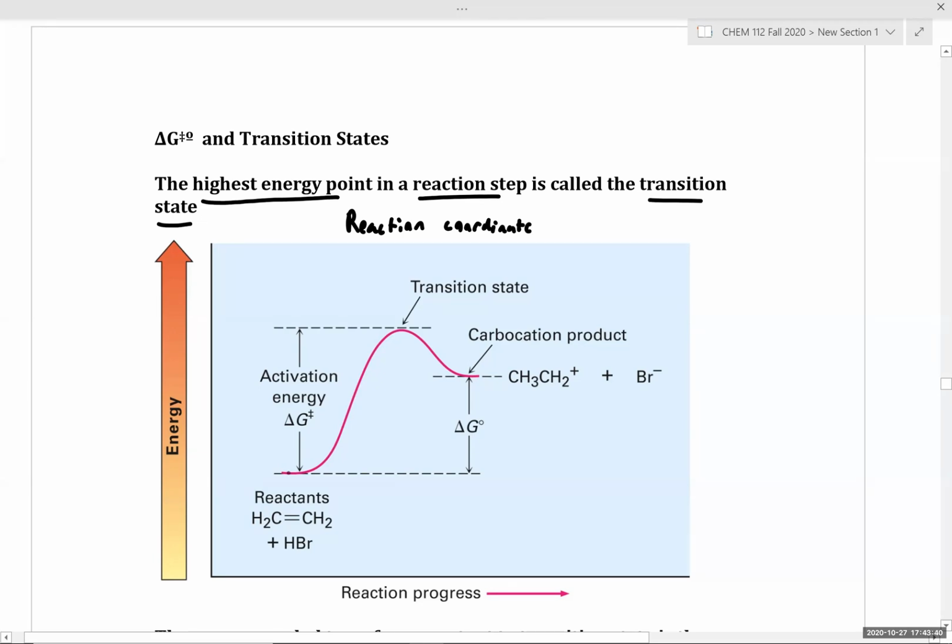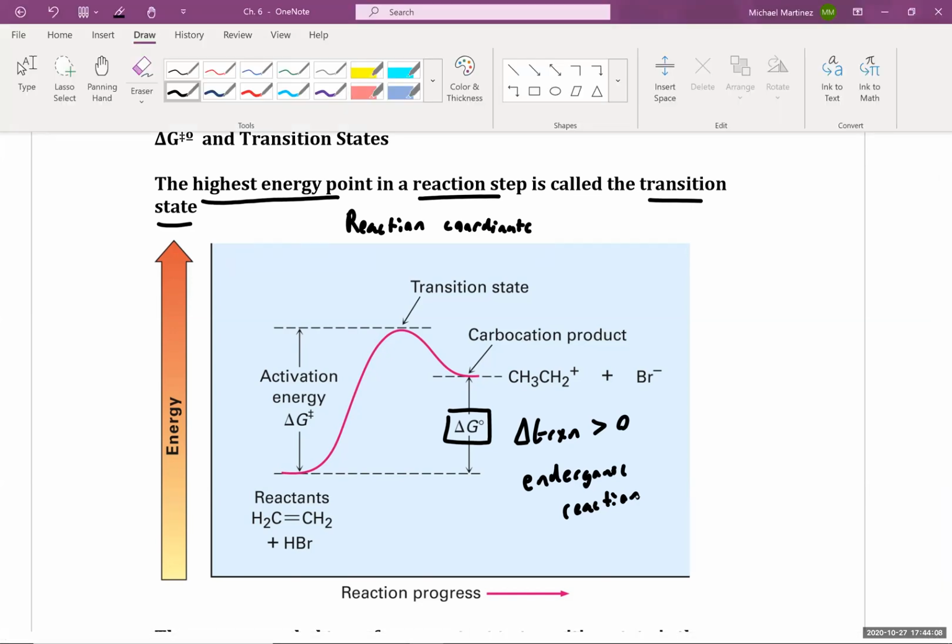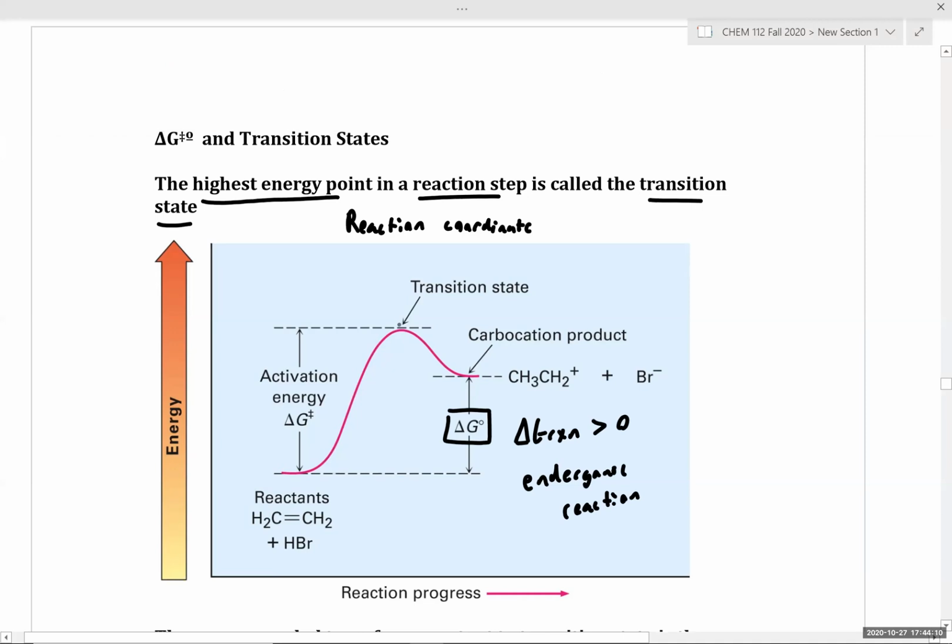Okay, so we have our reactants, we have our products, and the Gibbs energy of our reaction, or delta G reaction, is the difference in energy between our reactants and products. As we see in this case, our Gibbs energy of reaction is greater than 0, so this is an endergonic reaction. Now, the transition state is the highest energy point in a reaction step.